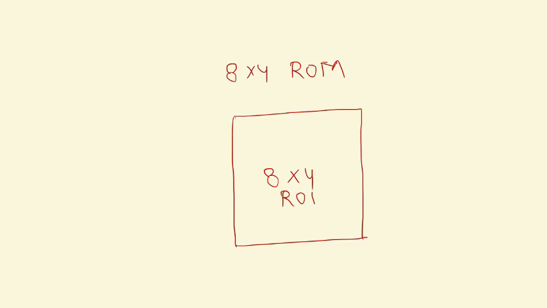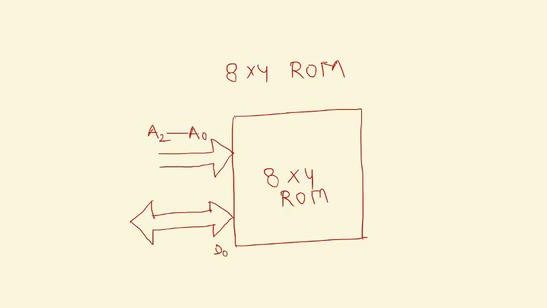There will be 3 address lines, A0 to A2, and 4 data lines, D0 to D3. The data lines will be bidirectional.